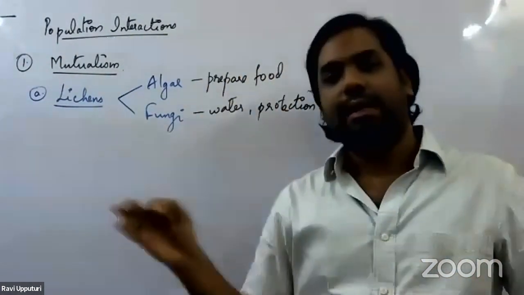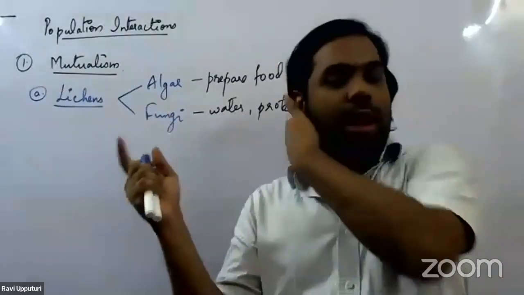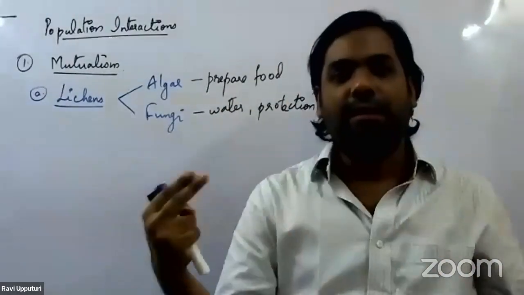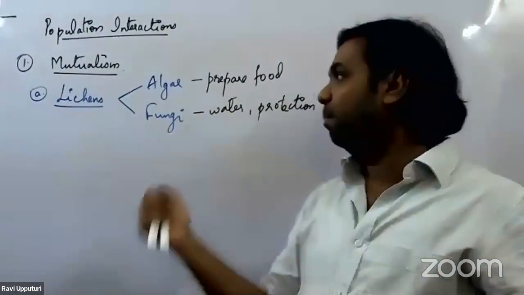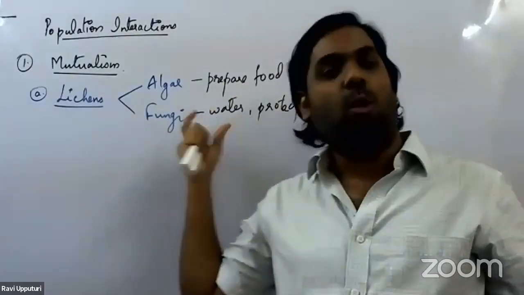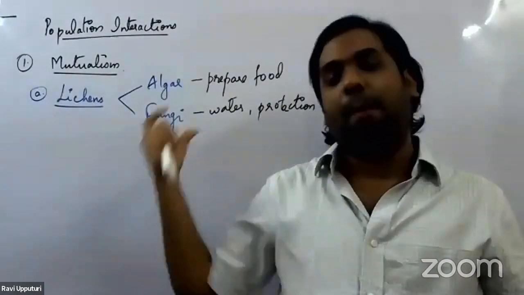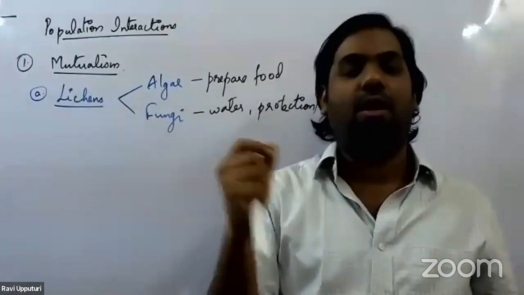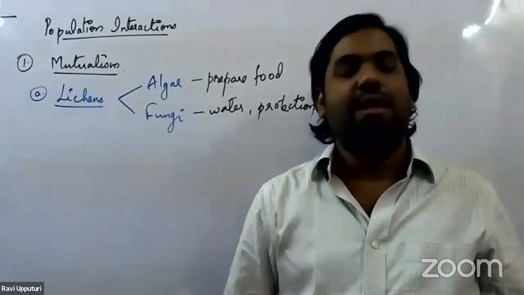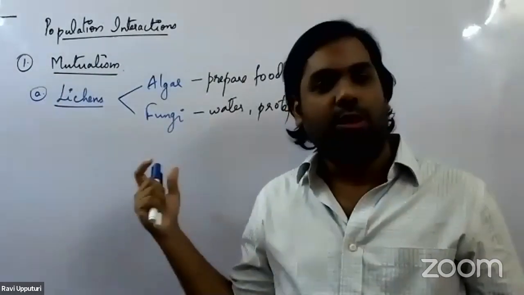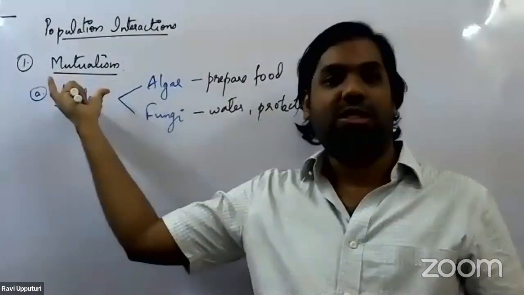And algae prepares food and gives it to the fungi. In turn, algae enjoys the benefits of protection as well as water from the fungi. So this sort of relationship where both the interacting organisms are being benefited, such type of interaction we would call the mutualistic interaction.